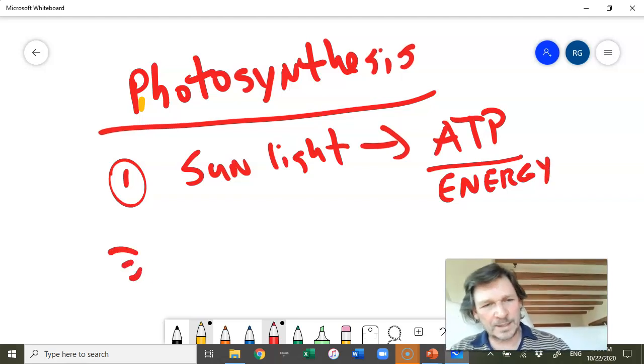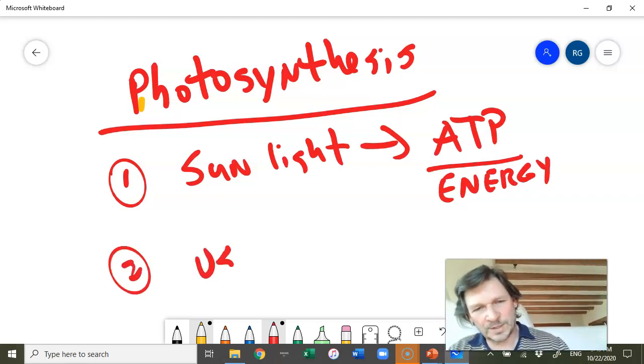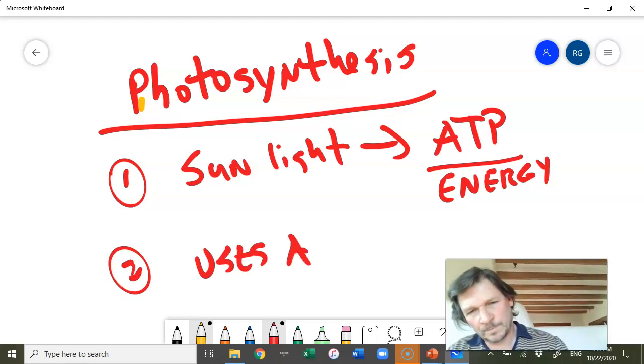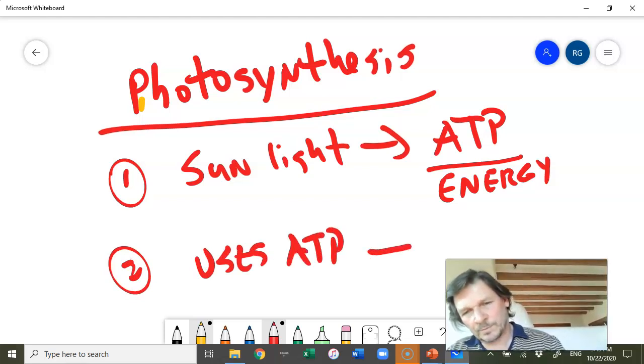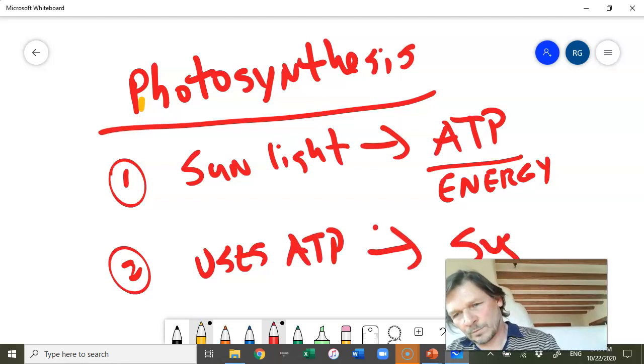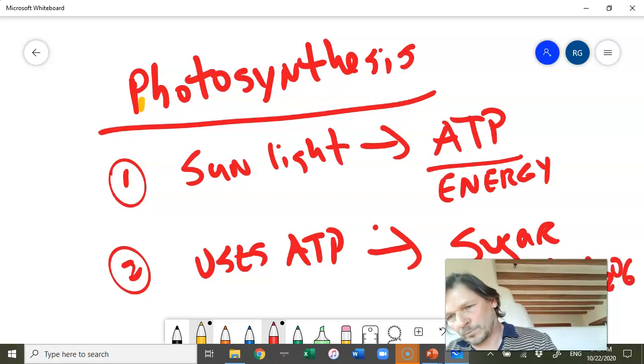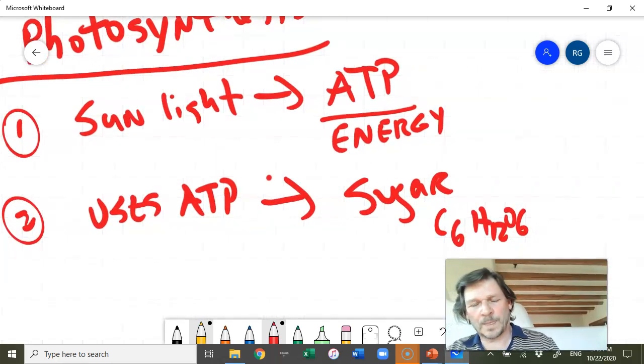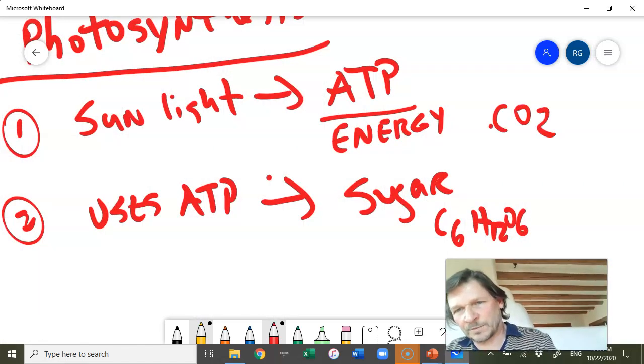And in the second step, it uses the ATP, it being plants, to make sugar, which is a carbon-6 compound. And so basically, it's taking in carbon dioxide from the atmosphere and trapping it into glucose.